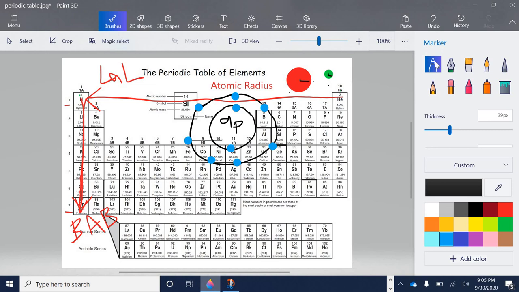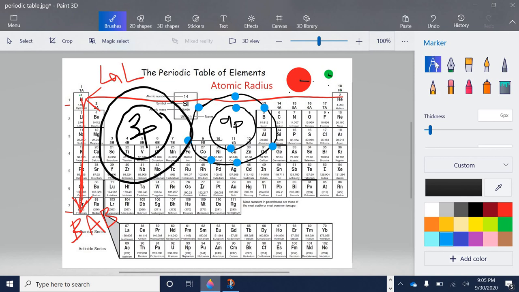Compare this to something in the same row or period, lithium. Lithium only has 3 protons in the nucleus. And it still has just 2 energy levels. Excuse my bad doodles here.